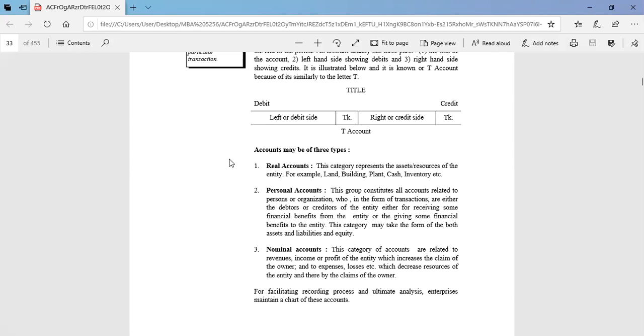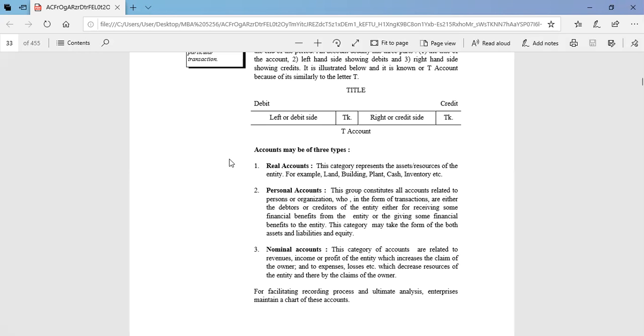Number 2, personal account. Without persons we cannot do anything in the world, so obviously personal accounts exist in accounting. They constitute all the accounts related to persons and organizations who are party to the transactions, either debtors or creditors. That means somebody is doing business in the business world. One is the debtor and another is the creditor.